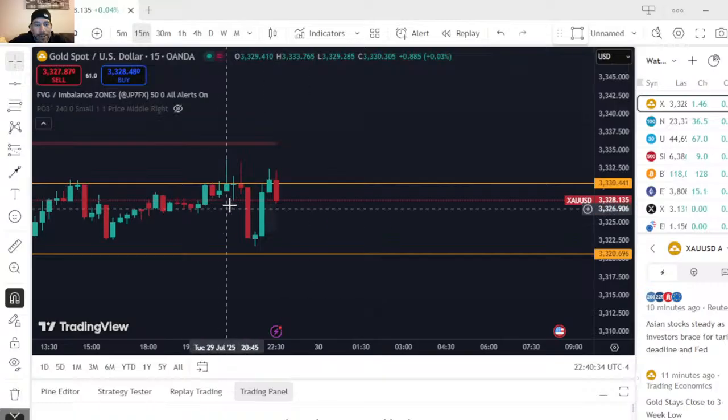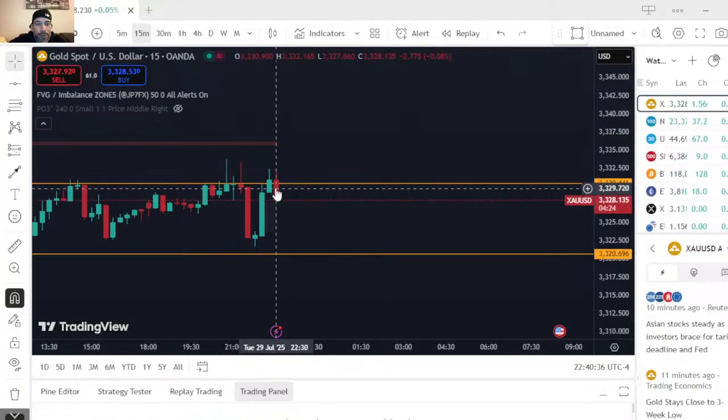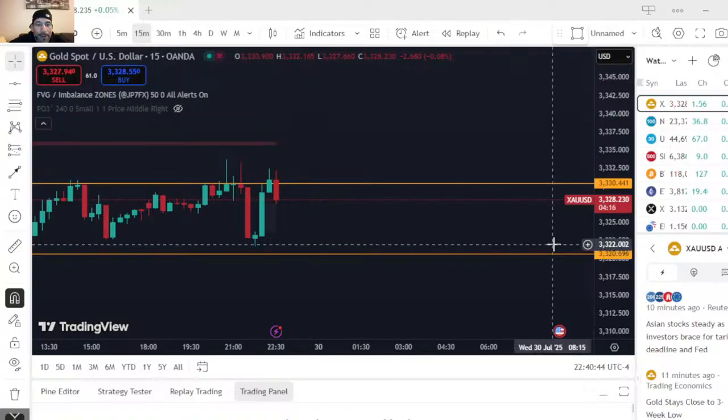Because a lot of times what happens is we'll tap into it, we'll get the rejection, it'll come up 20 pips, 15 pips, and then it'll come down, retest, and continue to break through. So let's see.